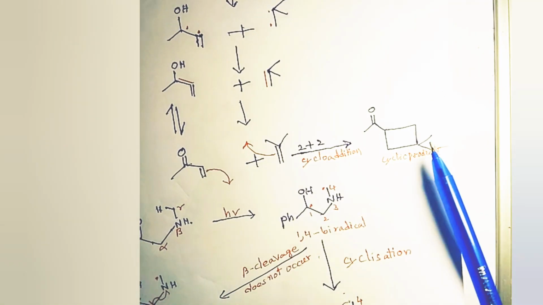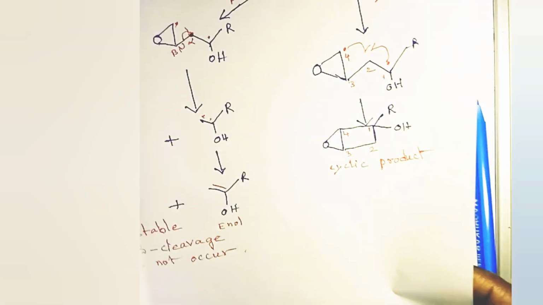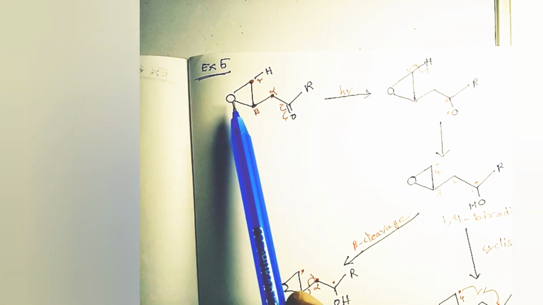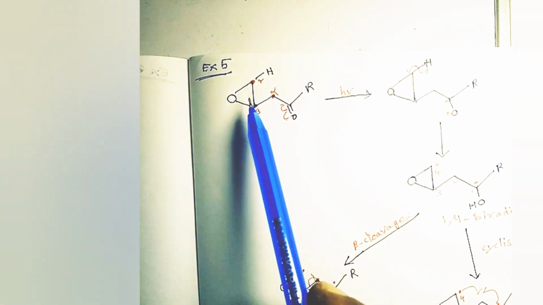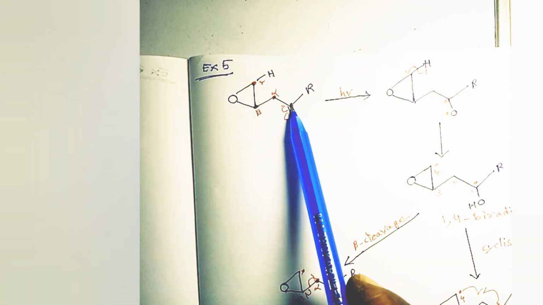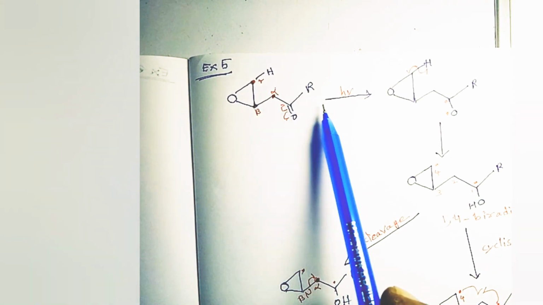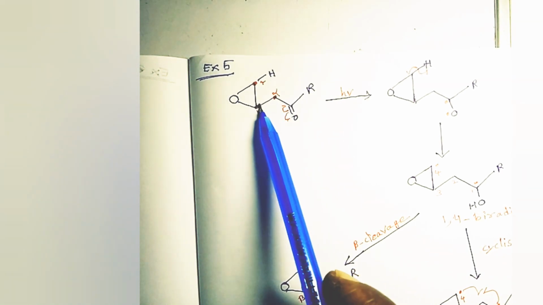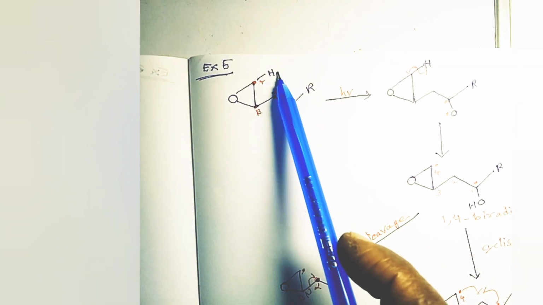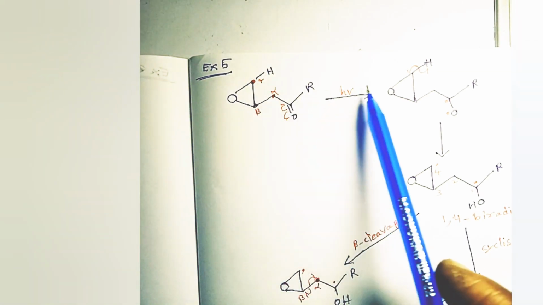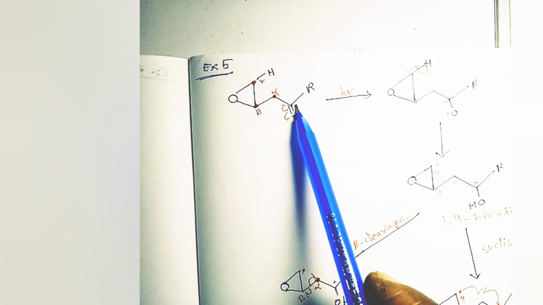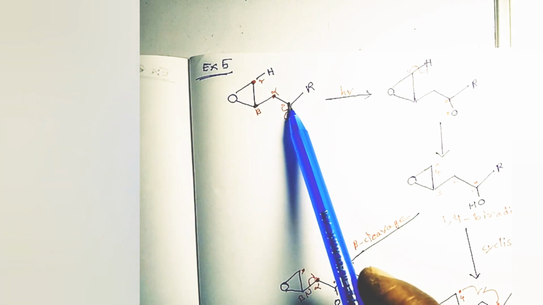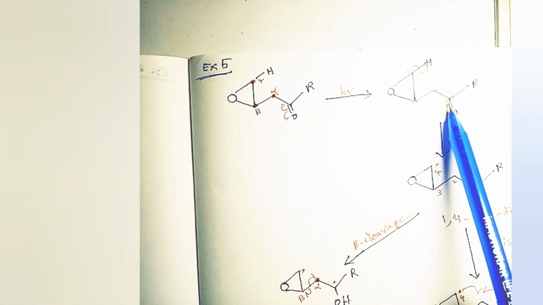Okay, now let us see another example. Let us take a system like this: O, CH2, CH2, CH2, C double bond O, R. Upon irradiation by UV light, this is the alpha carbon, this is the beta carbon, this is the gamma carbon. Gamma carbon has two hydrogens, this is one hydrogen. So, first the pi bond of the carbonyl group, that is C and oxygen, will break to form two radicals.